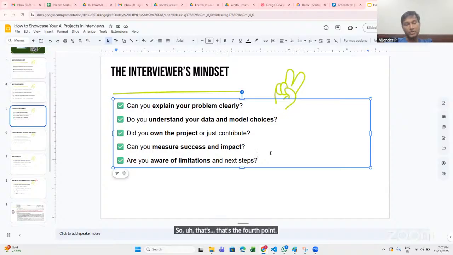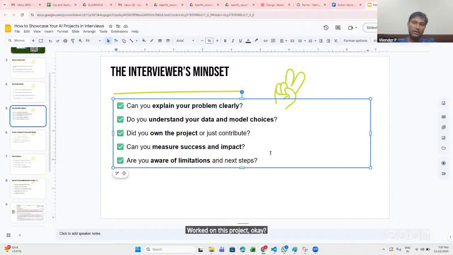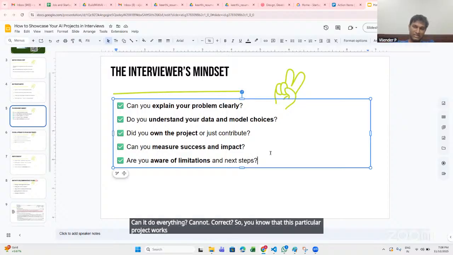Now the next point is, are you aware of limitations and next steps? You built a project, that's great, but are you aware of what kind of limitations existed when you worked on it? For example, can you do everything? You cannot. You know that this particular project works best for, let's say, temperature prediction only.